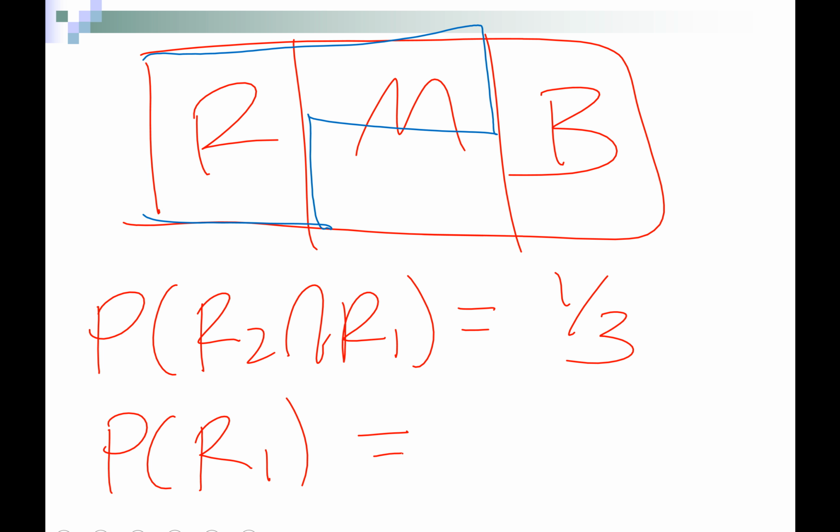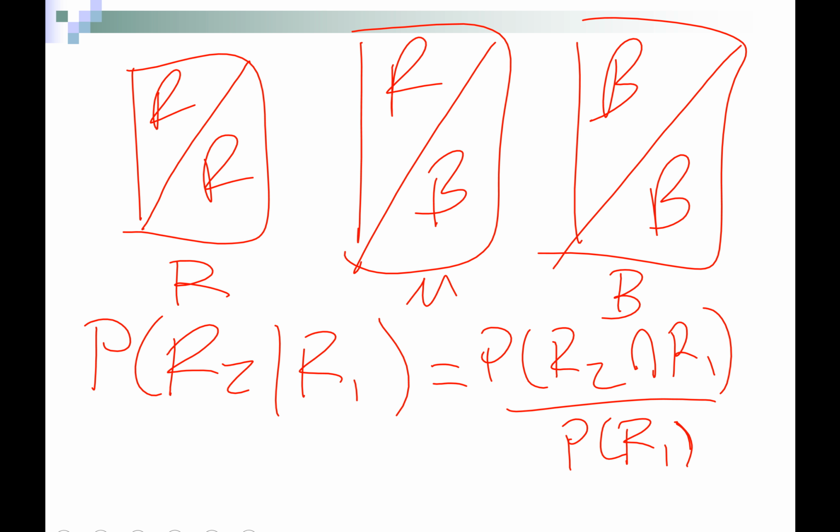For the same reason that was argued over here. It's either blue or it's red. There's an equal number of blue sides and red sides of cards, and so we get a third and a half. And so now, in order to find this probability, I'm going to take a third and divide it by a half, and that gives me 2/3.